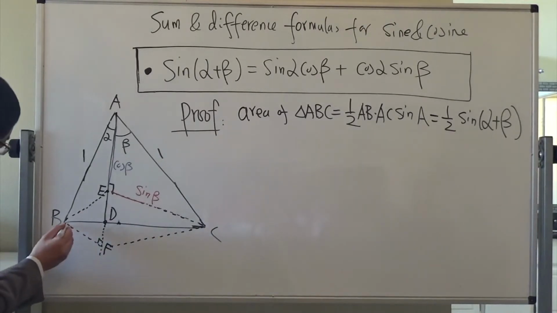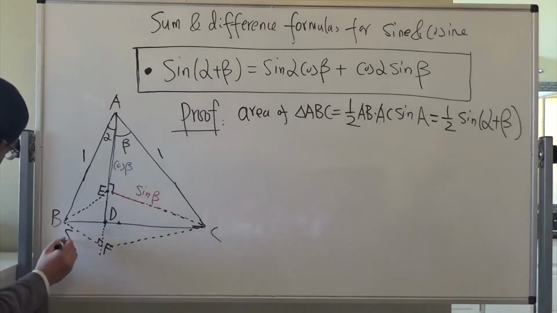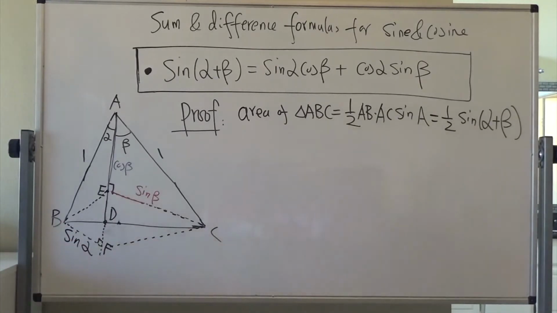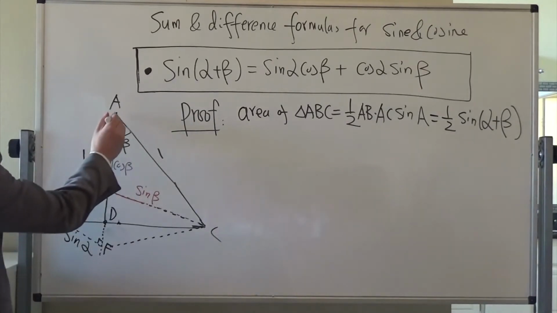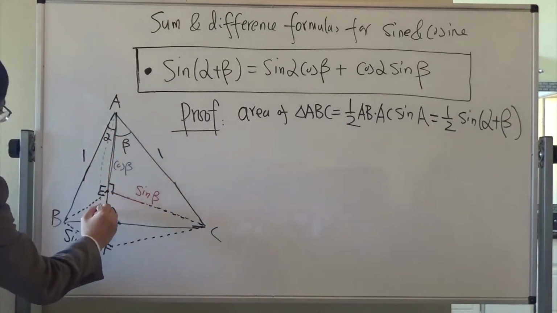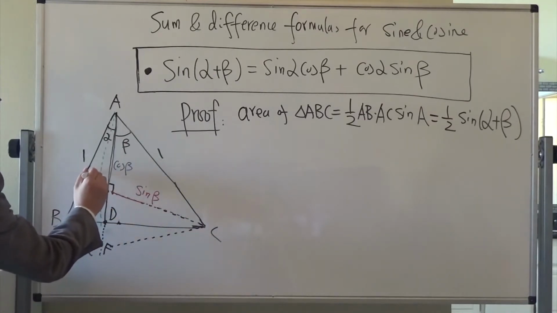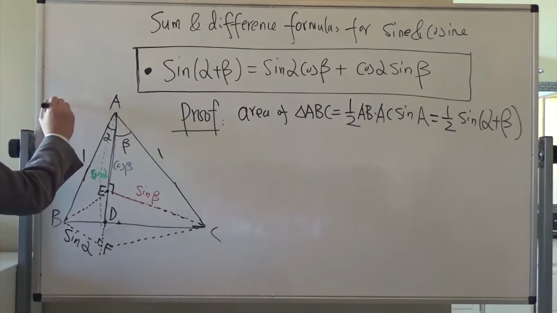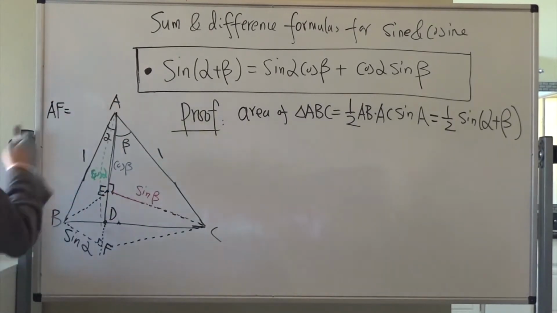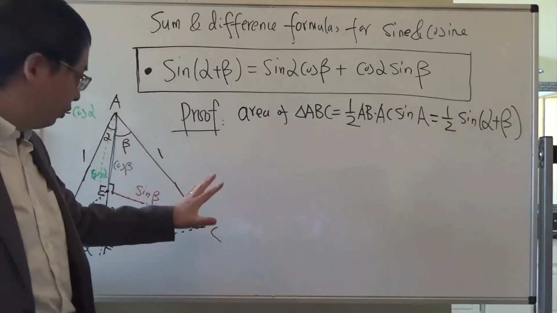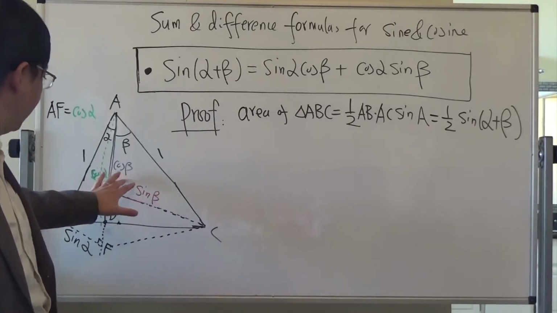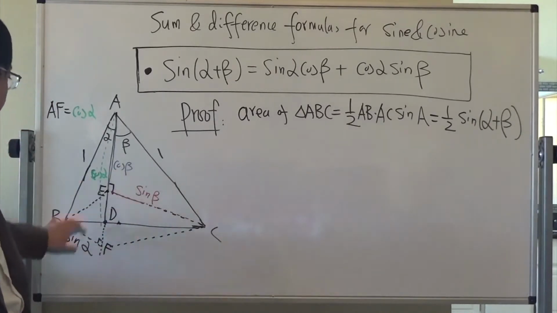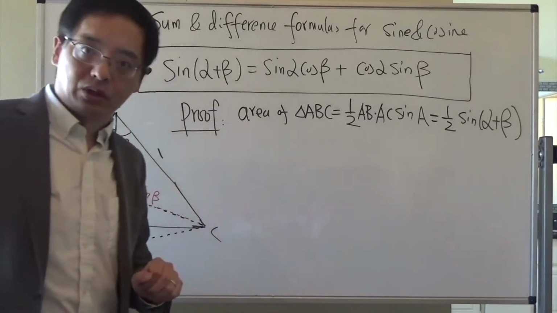And then AF, all the way from A to F, is cosine alpha. So we have marked the quantities sine beta, cosine beta, sine alpha, cosine alpha on this picture.